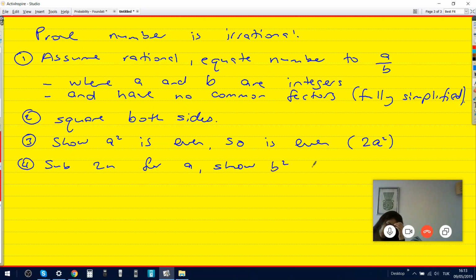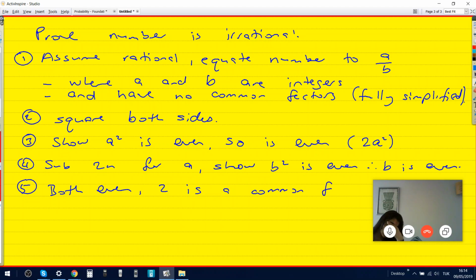Show b squared is even. Both even. 2 is a common factor. Contradicts our assumption. Therefore, irrational. It's that easy.